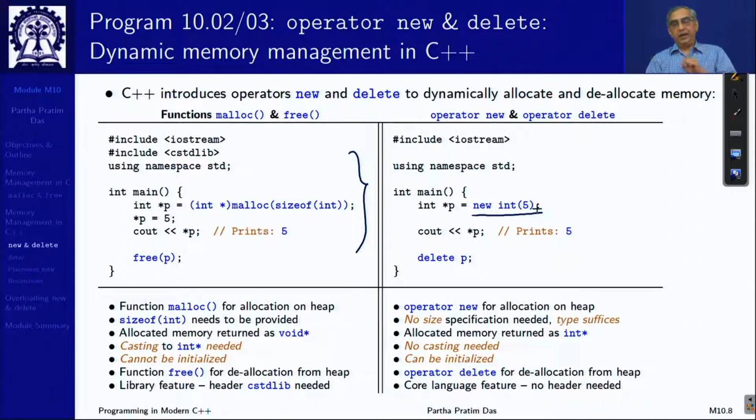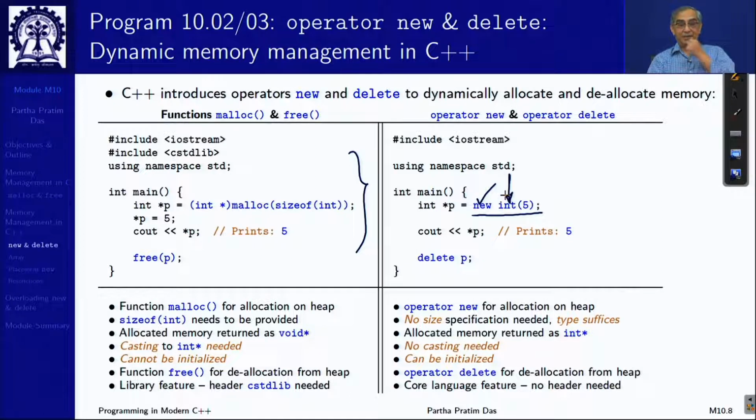Very interestingly, the operand of new is not a value, it is a type. So, new is a prefix operator, it comes first. Its first parameter, which is mandatory, you cannot have new without this first parameter, is not a variable or a value, it is a type.